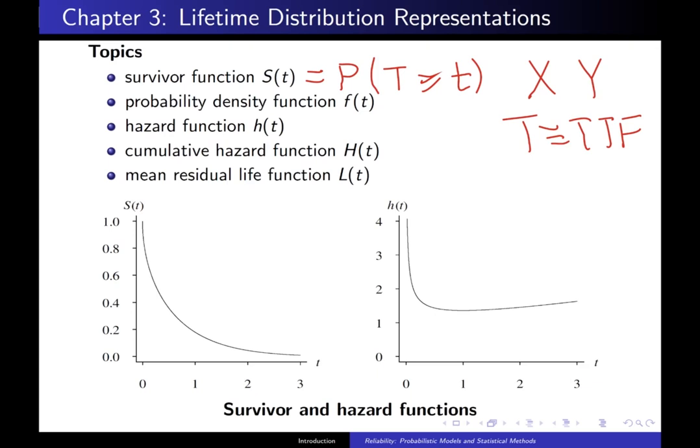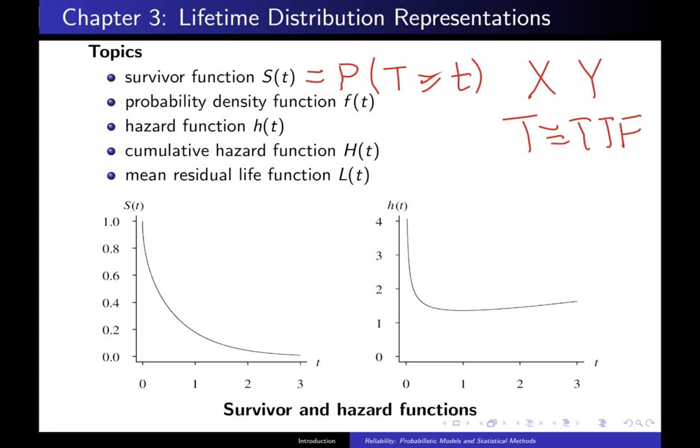Well, typically, because time is involved with reliability, those are replaced by capital T, and that stands for the time to failure. So the first of these lifetime distribution representations is the survivor function. And the survivor function gives you the probability that the time to failure T exceeds some value lowercase t.